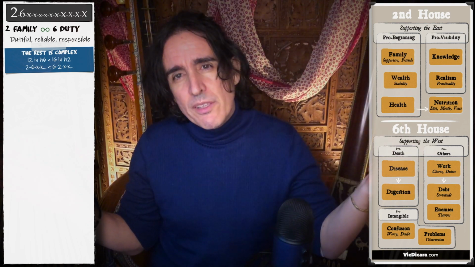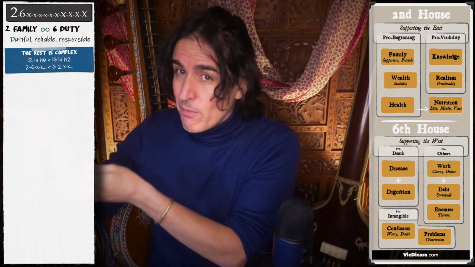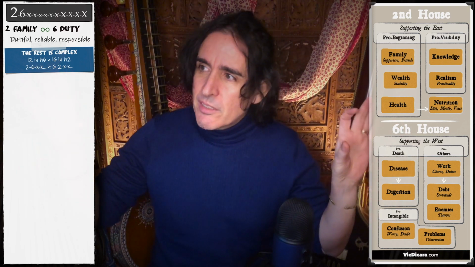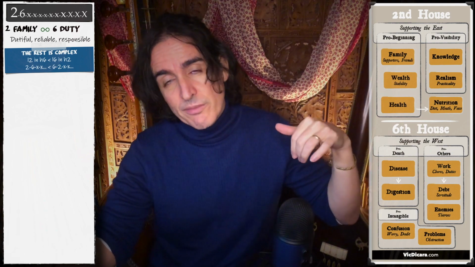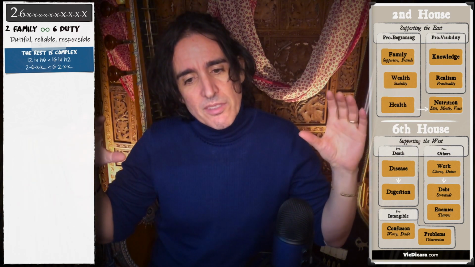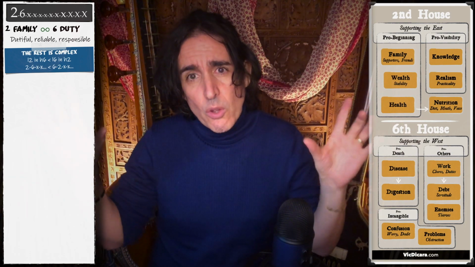But wealth is the absence of debt, and debt is the absence of wealth. So you can get wealth from the sixth house and you can get debt from the second house just by inverting them or bringing negative implications into those houses. So whenever something symbolizes something, you can get the opposite symbolism by an inversion. And that's why it becomes difficult when the houses are so totally opposite, like the second and sixth.